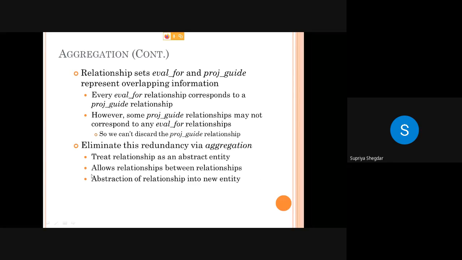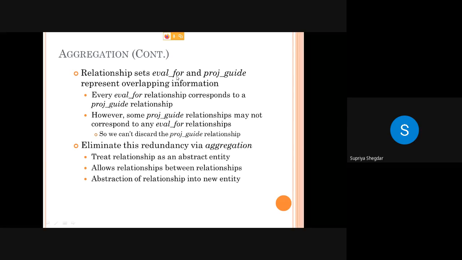Every evaluation for relationship corresponds to a project guide relationship, but some project guide relationship may not correspond to any evaluation for relationship. It is possible that some guide is not evaluating the student's project, so we have to eliminate this redundancy via aggregation.